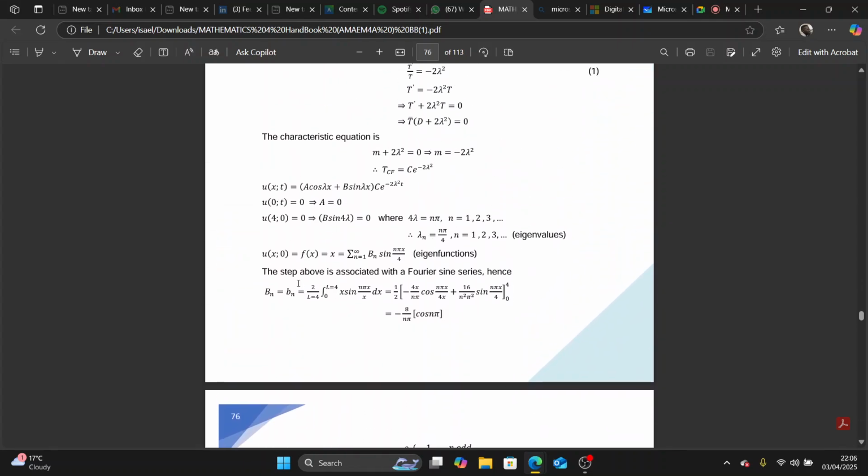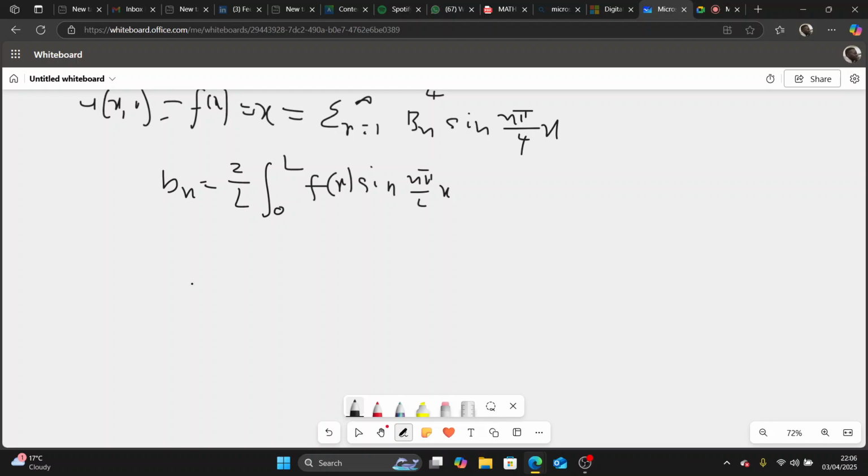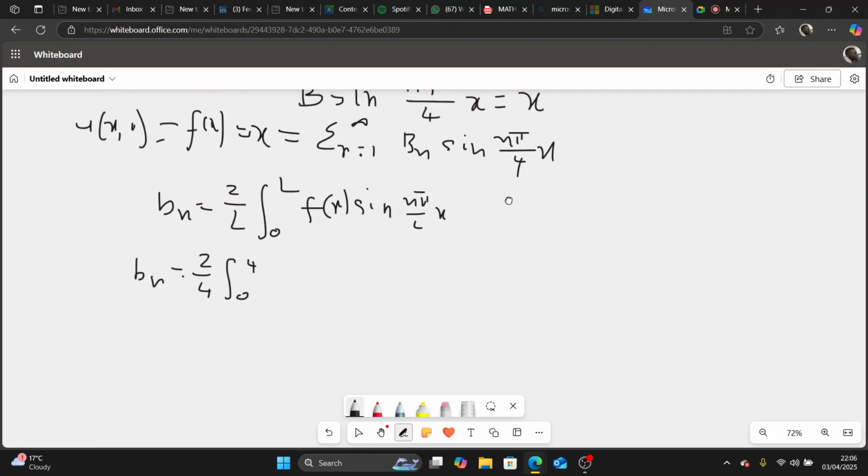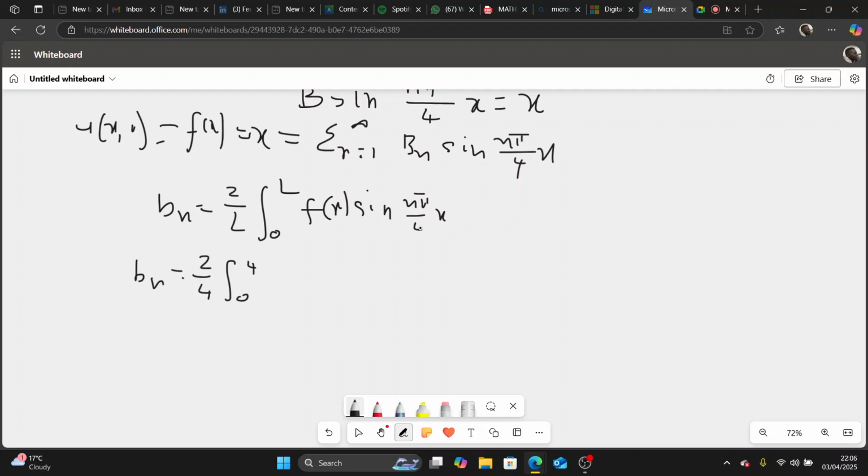So if we have to solve for this function, which they call Bn, we follow the formula. It is 2 over L, and L is 4. It's always going to be n pi over L, that's why you see n pi over 4 here.